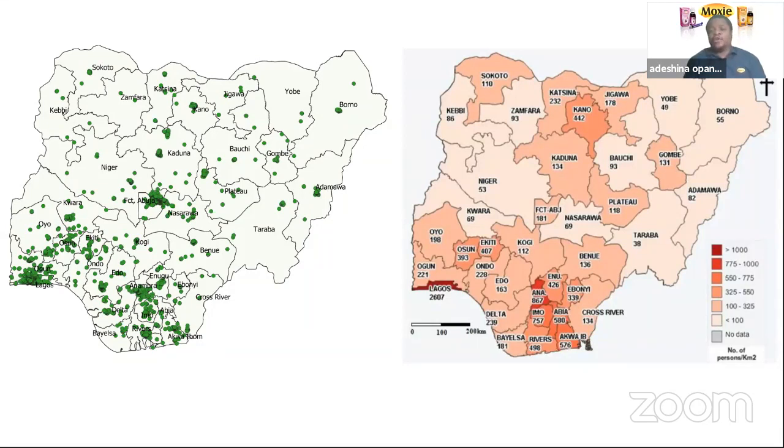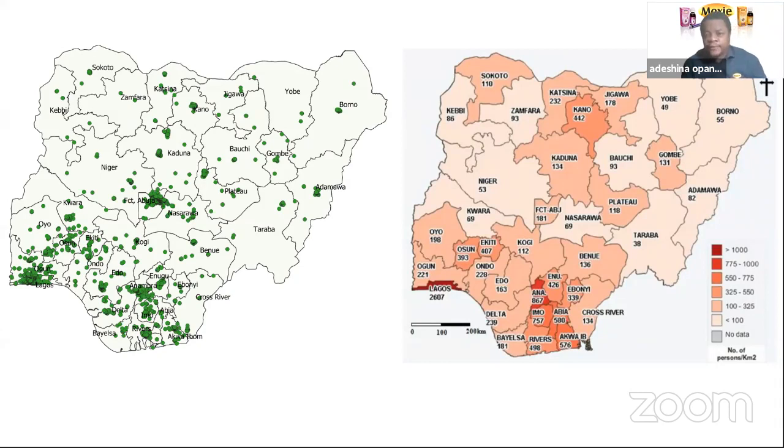Population density is the number of people per square kilometer of land. And for Lagos, it's 2,607. And I think the closest to it is Kano, which is 442, sorry.